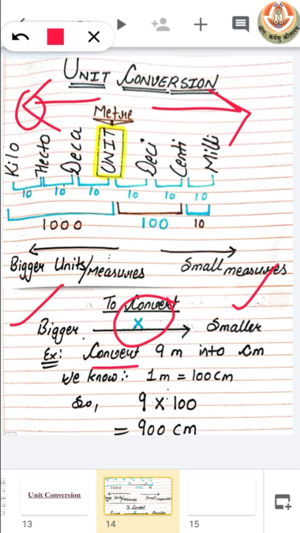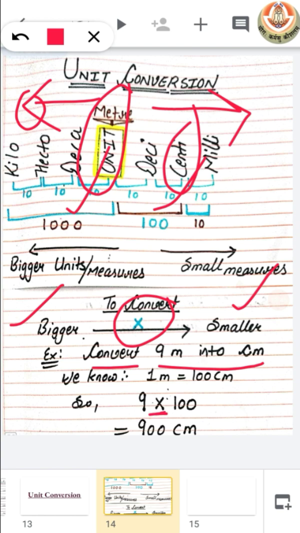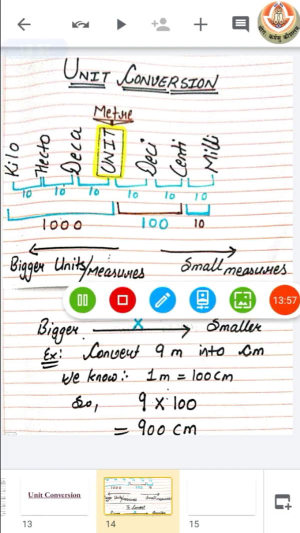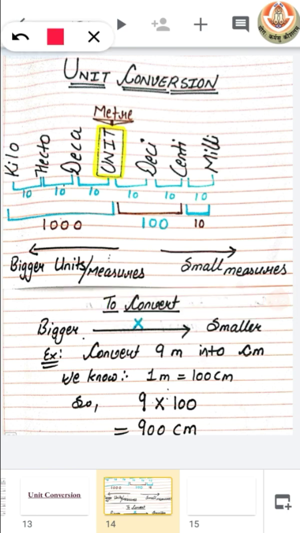If we have to convert 9 meters into centimeters, that means we have to convert a bigger unit into a smaller one. So in this case we will use multiplication, and we have to convert 9. So we multiply 9 with the difference between meter and centimeter.